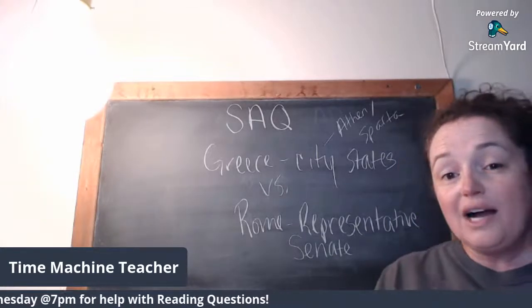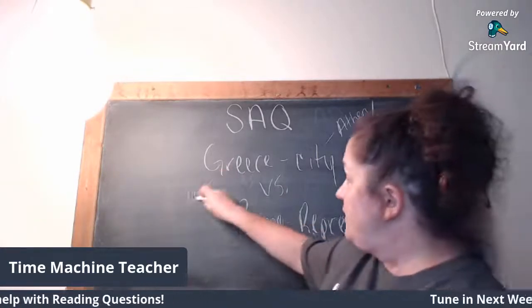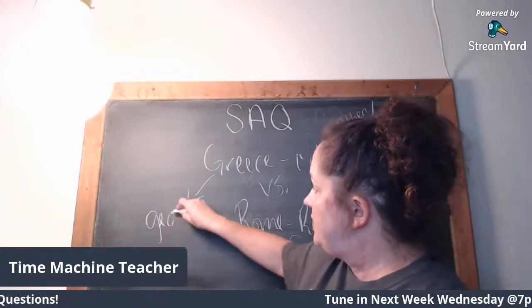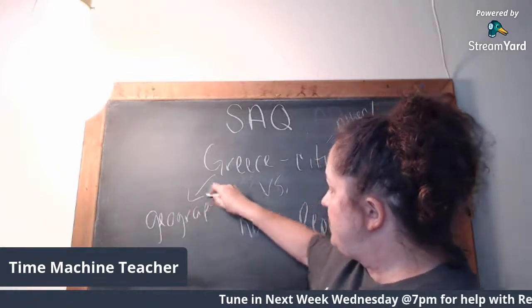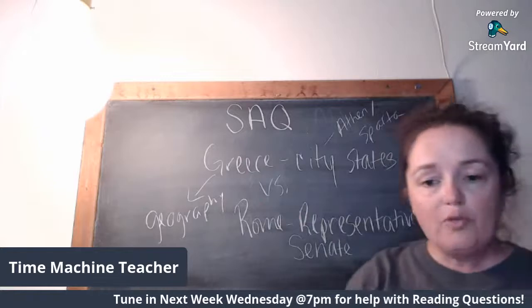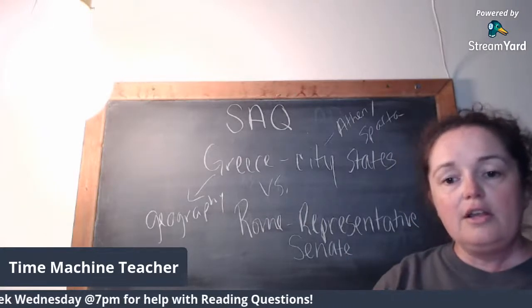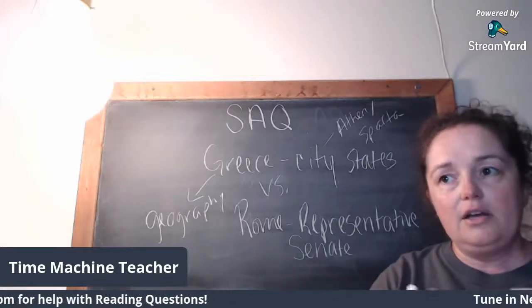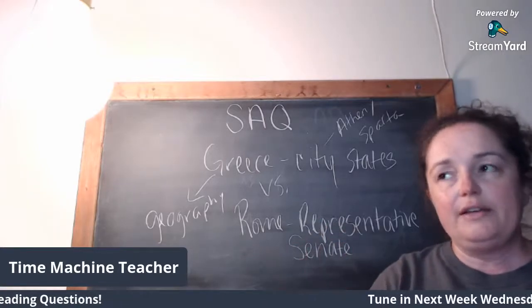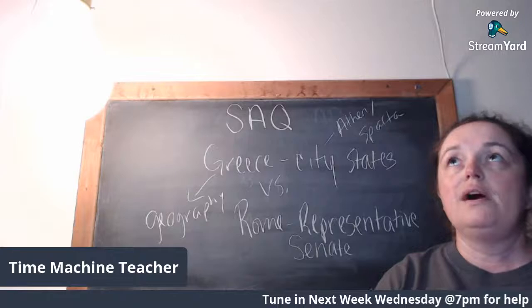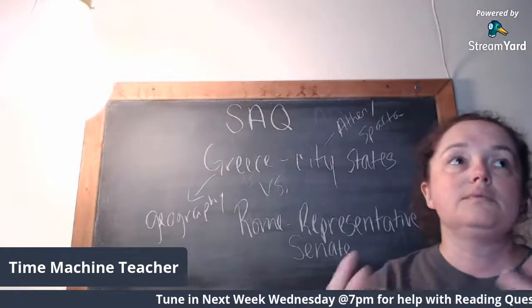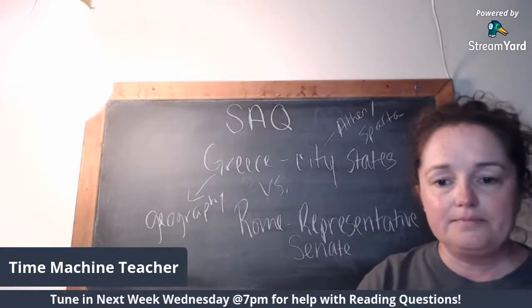And then for your why, make sure to explain how geography affects Greeks. Because it's so mountainous and it's hard to travel, they are established differently.